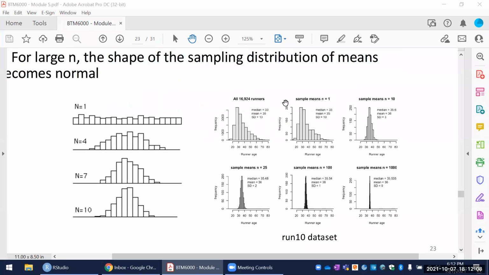I'm zooming in a bit. You see here sample means with n equals 1, and this is sample means with n equals 10. It becomes more and more normal the higher the numbers get.